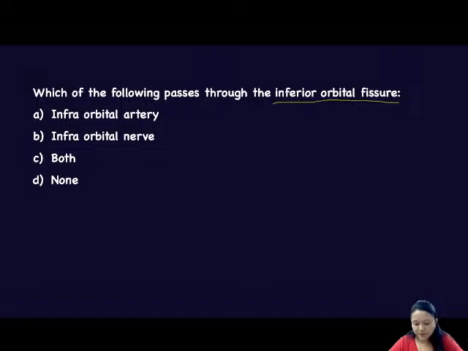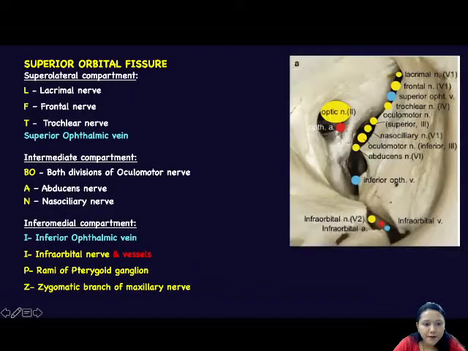So the answer for this is both. It is both the infraorbital artery and the infraorbital nerve. We have studied the IIPZ mnemonic, as you can see here, and it includes both the infraorbital nerves and vessels, then the rami of the pterygoid ganglion and the zygomatic branch of the maxillary nerve, along with the inferior ophthalmic vein.